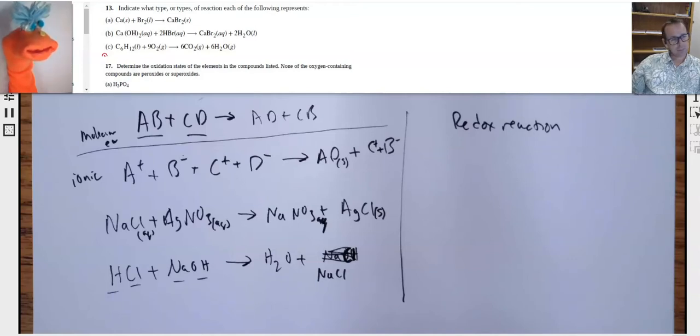Do you remember how to identify the different oxidation numbers of the elements? We talked about it, right? So what is the oxidation number for, looking at A here, the calcium? Elements by themselves, it's just zero. That's right.